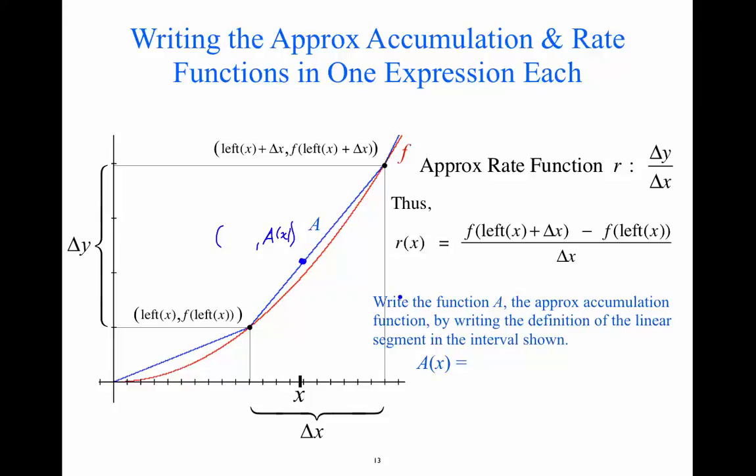General structure first. General structure of this formula. Somebody please know it. I know that you know it. Yes? The change in y times the rate. You're thinking the right thing, but it's not right.